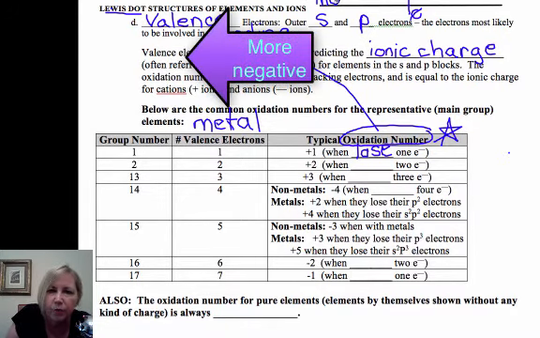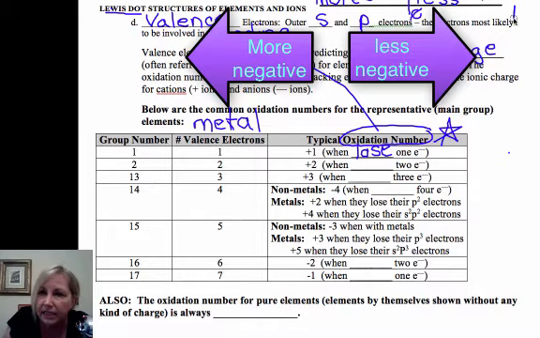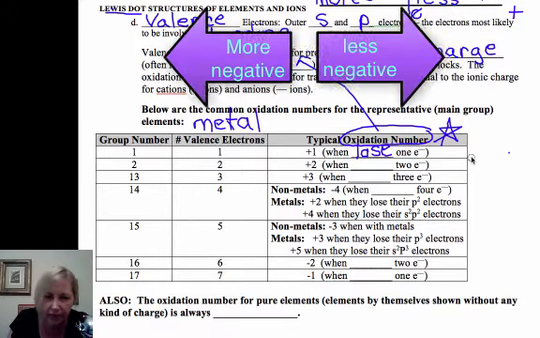Because if it's becoming more negative, it's gaining those negatives. And instead of asking if it's becoming more positive, ask yourself if it's becoming less negative. Less negative means a loss. So the more positive it is, right, the less negative it is. So if it's less negative, you lose electrons.